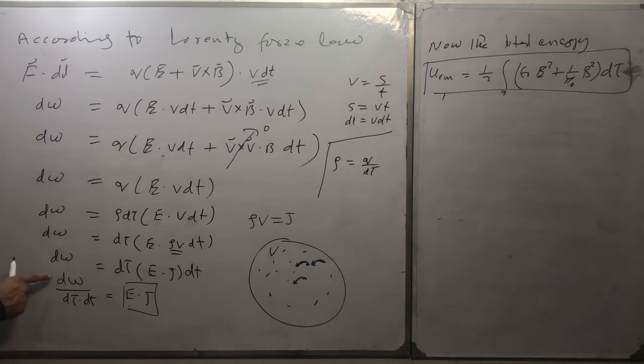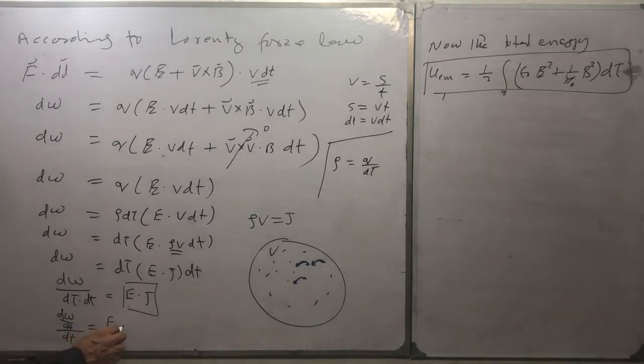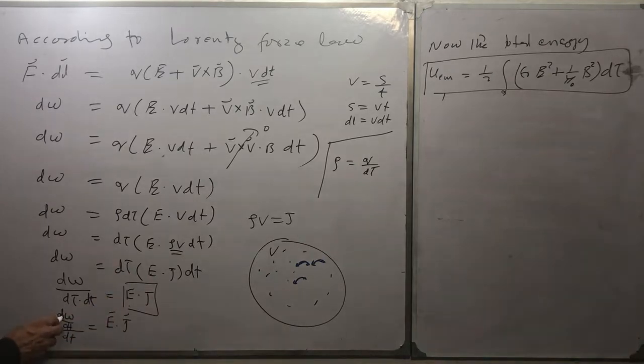Or we can also say that dW divided by dt divided by d tau is equal to E dot J. Here dW divided by dt is power per unit volume.